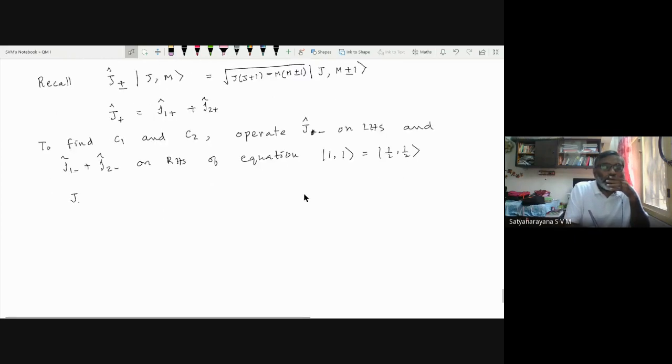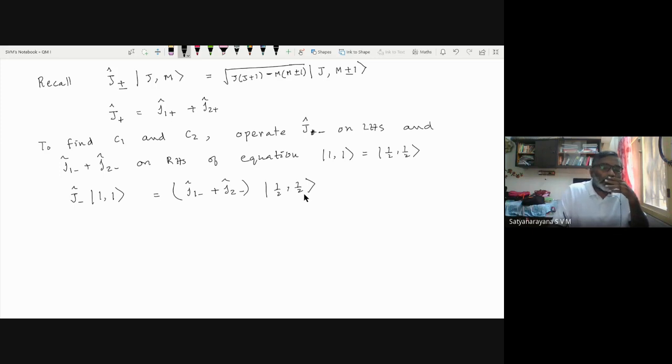So let us try to do that. So J minus acting on 1 comma 1 is equal to J1 minus plus J2 minus acting on half comma half. Okay, now remember the values of J1 and J2 are half only. These are values of M1 and M2.